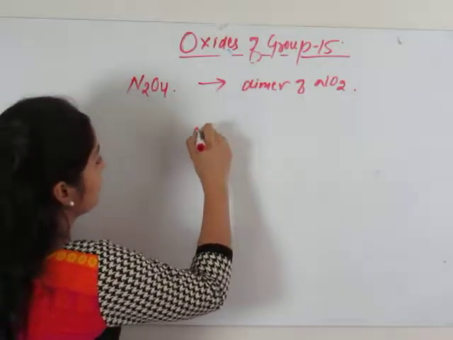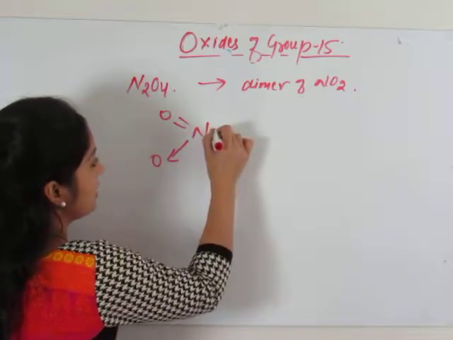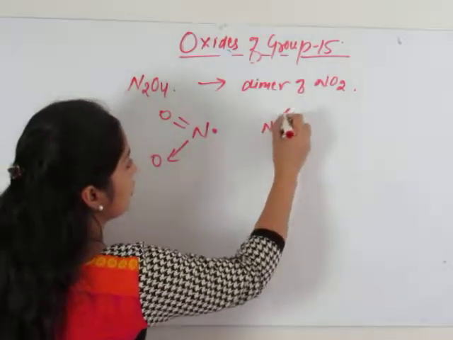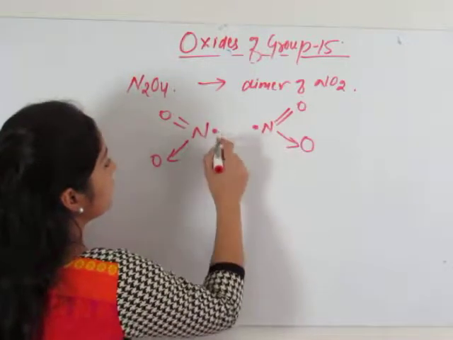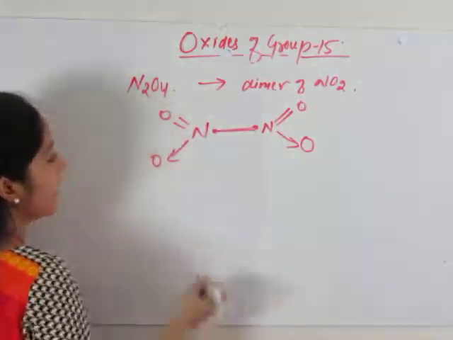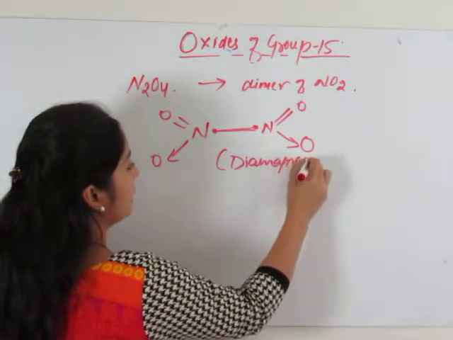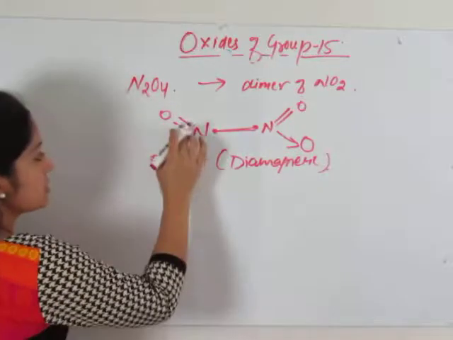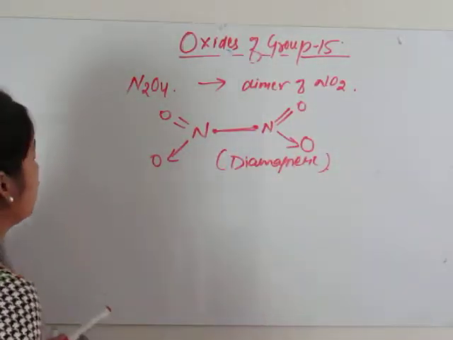So their structure, here it is having one unpaired electron. Unpaired electrons, they will form the bond, and in this case also it will be diamagnetic. Covalency is 4 and 4. Right?